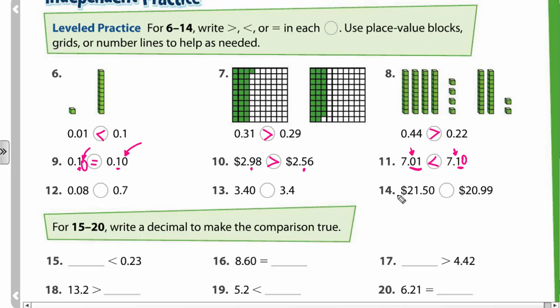Salman? Yes, Ibrahim? Teacher, with adding 0, we just compare. We add 0 to see if it's equal or greater than or less than. Yes, this is a good idea. When you have two numbers and one has one digit to the right of the point and the other has two, like this one, we have here 2 digits to the right of the point and here only 1 digit.